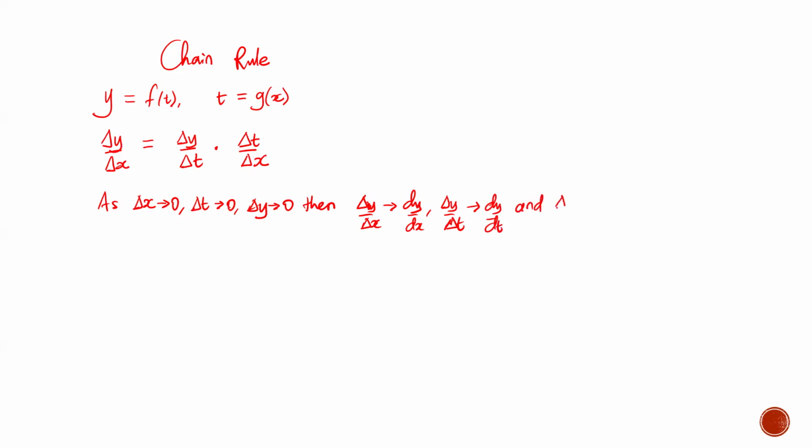And delta t out of delta x will tend to dt/dx, such that our equation becomes dy/dx is equal to dy/dt times dt/dx. And so this is how we differentiate composite functions.